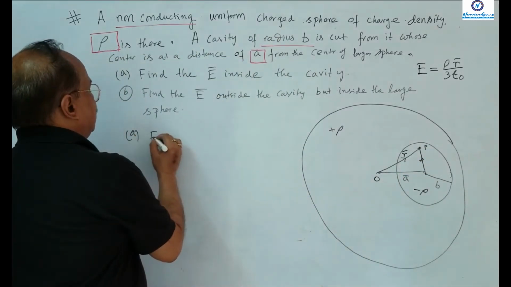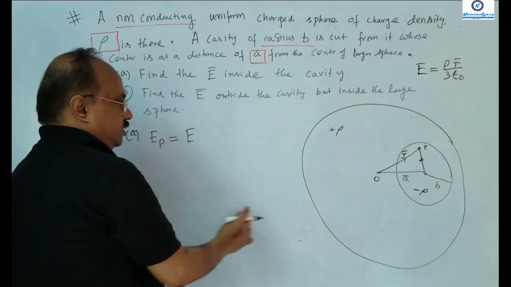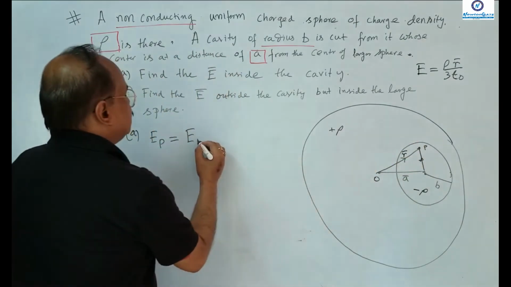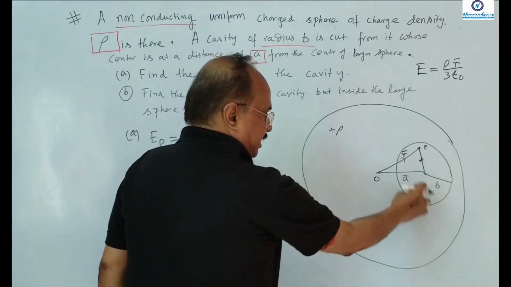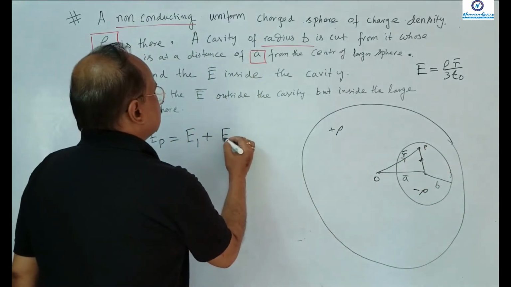The electric field at the point P will be equal to the electric field due to the positive charge density, which is E1, plus the electric field at this point due to this negative charge density, which I am taking as E2.